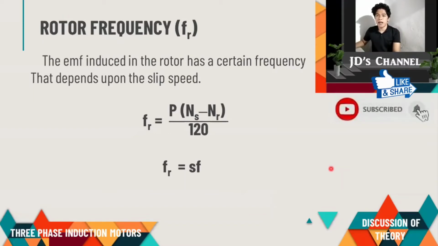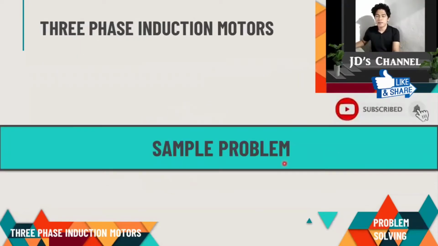The formula for the rotor frequency, F sub R, is F sub R equals P multiplied by N sub S minus N sub R over 120, or we can use slip multiplied by the frequency. That is our rotor frequency. That would be all for the theory and formulas of our three-phase induction motor.